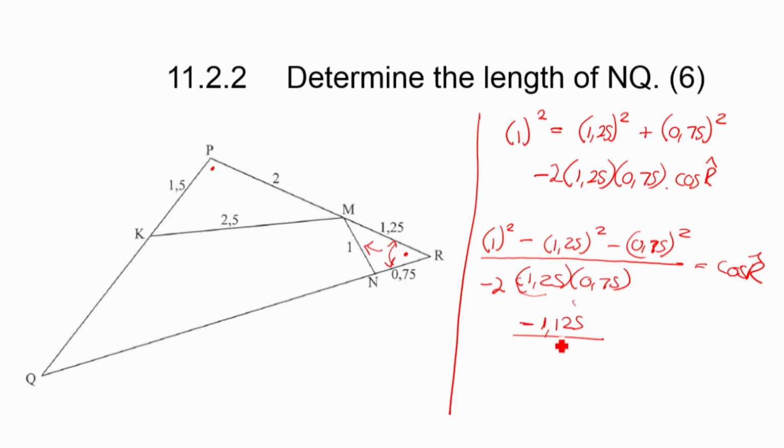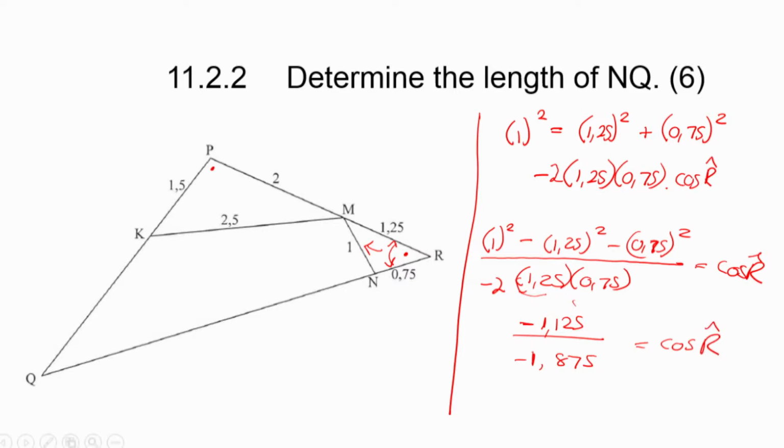And then the bottom one is going to be minus 2 times 1.25 times 0.75 times 0.75. I get just a decimal, 1 comma, it is still minus, right? Minus 1 comma 875. Okay, it's your cos of R. Do we need that angle?